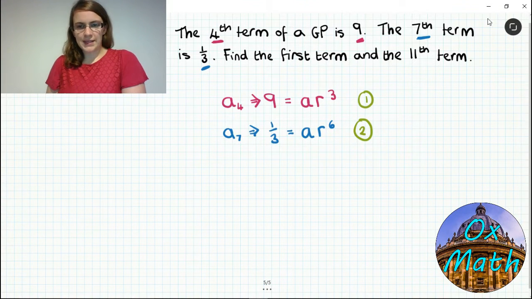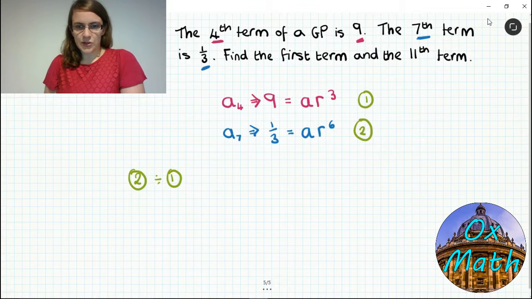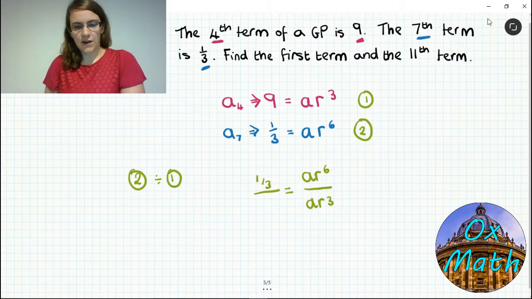Now, my second equation has more r's in it, so I'm going to do equation 2 divided by equation 1. So if I take equation 2, which is ar to the power 6, and I divide it by equation 1, ar cubed, that is the same as doing a third divided by 9, because ar^6 is equal to a third, ar cubed is equal to 9, so these two sides of the equation are the same thing.